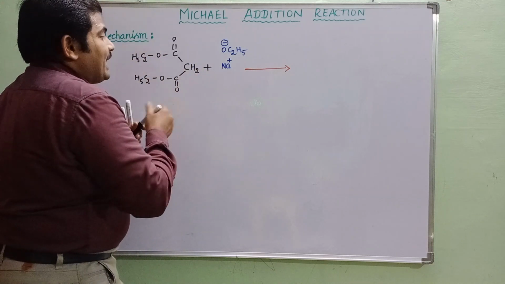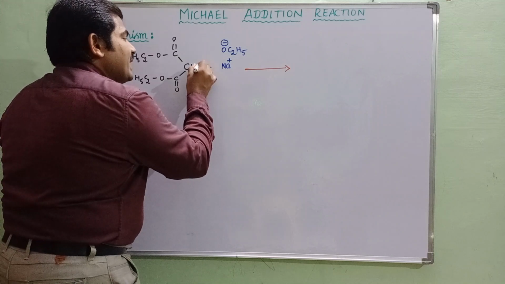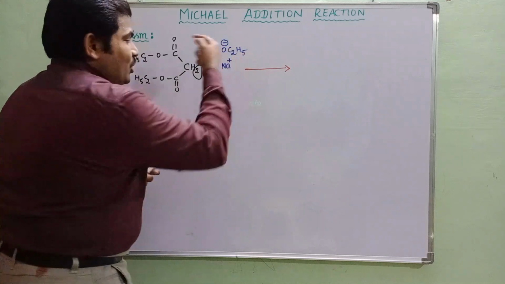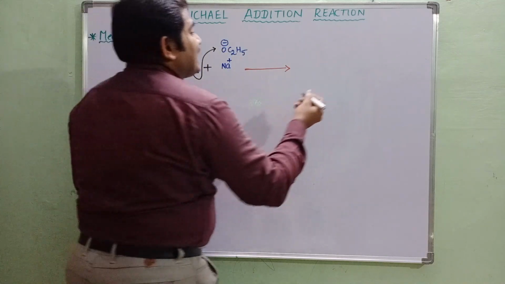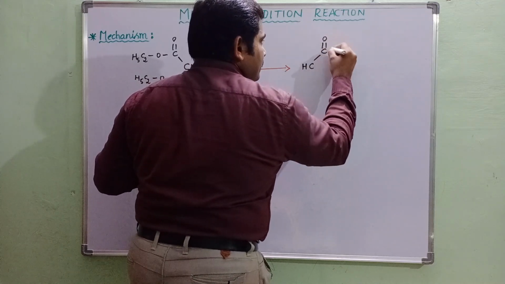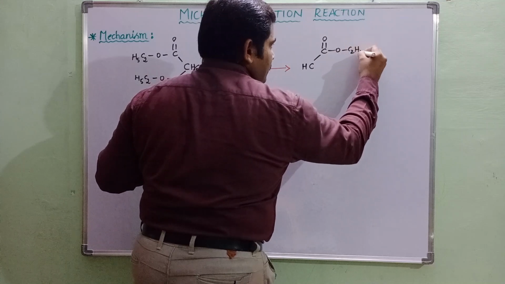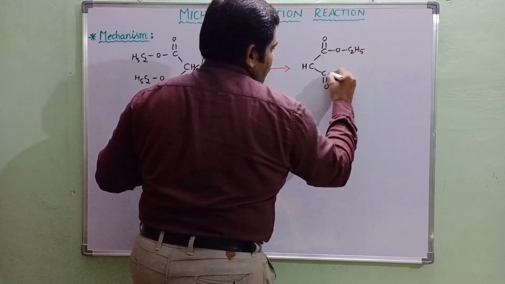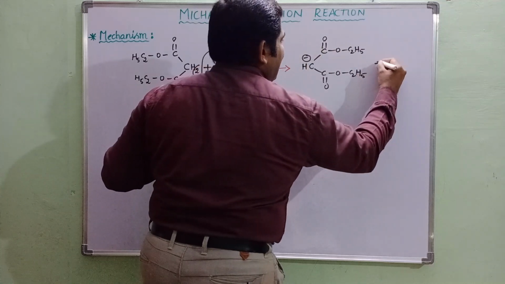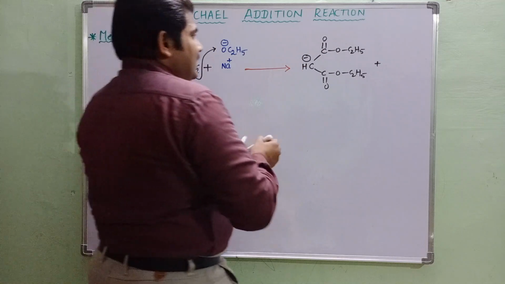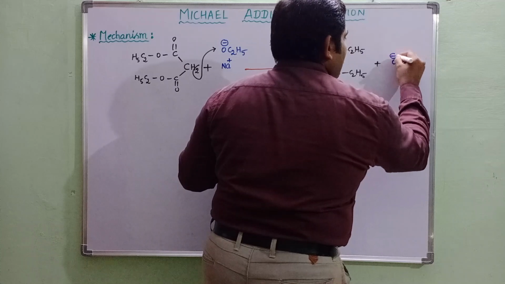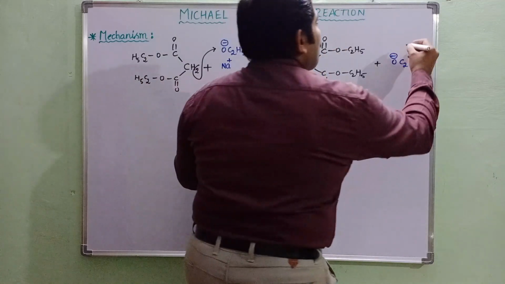So the alpha hydrogens will be withdrawn by the ethoxide ion, thereby generating a nucleophile. It is none other than the carbanion. Along with that, the ethoxide ion abstracts one proton.